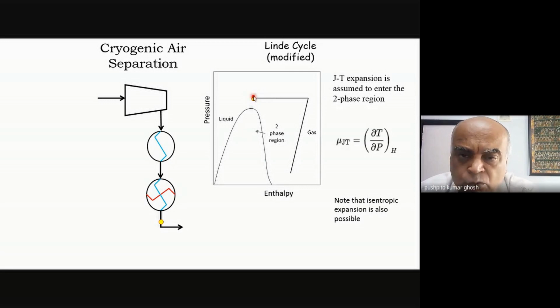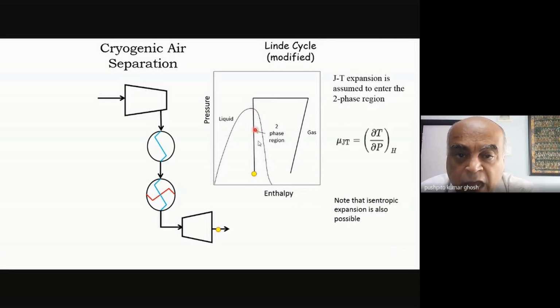Now I've come to a place where I am ideally poised to do a Joule-Thomson expansion, because this is my liquid state, this is my gas. I'm doing a Joule-Thomson expansion at constant enthalpy, that's what we said mu JT by definition is. And so I do that expansion. And so what happens?